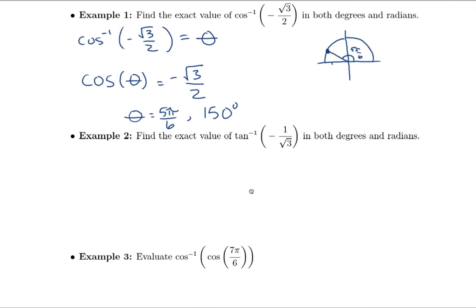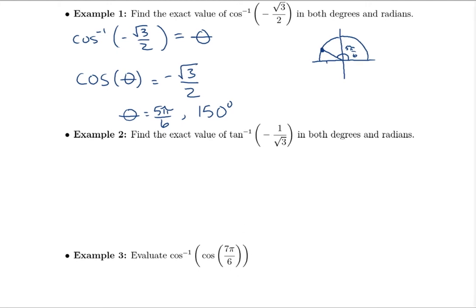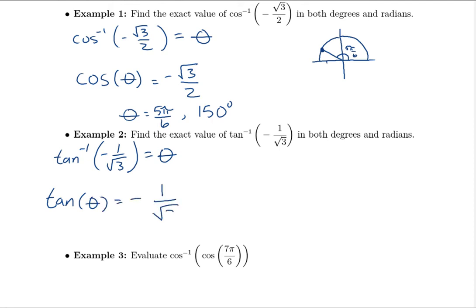All right, tan inverse. So we're looking for an angle so that we get this when we take the tangent of that angle. Now let's remember what values the tangent inverse spits out.